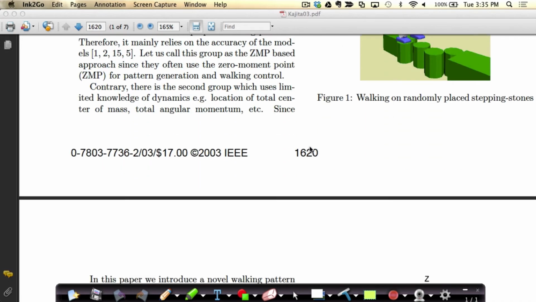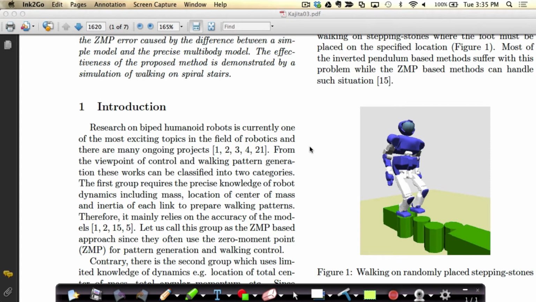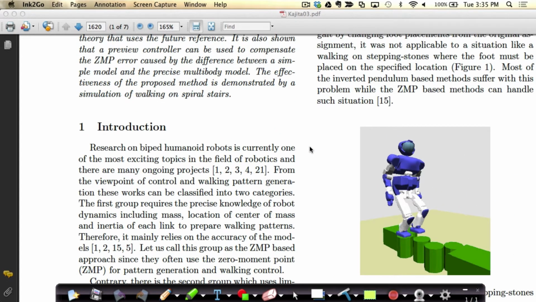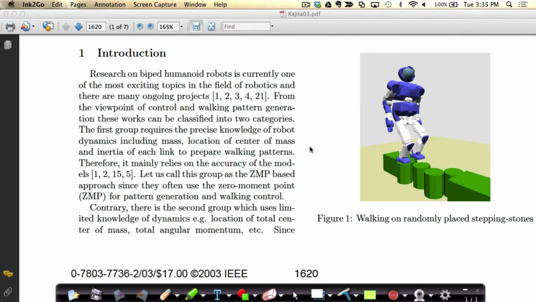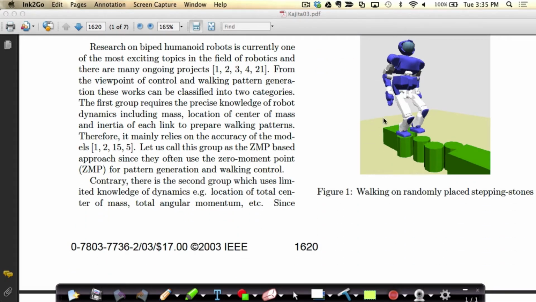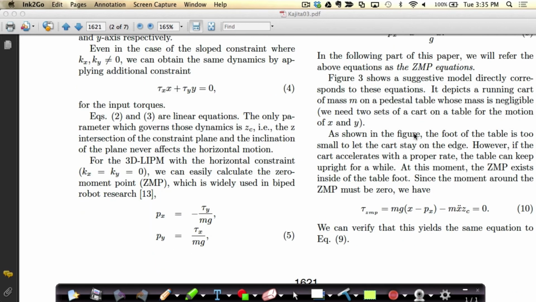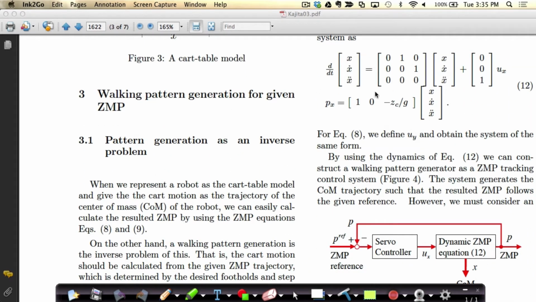Lots of people have written similar things, but this is the one that actually uses LQR initially. And they show their humanoid robot with constrained footsteps, which is a big deal. Right? They write down the equations of motion.